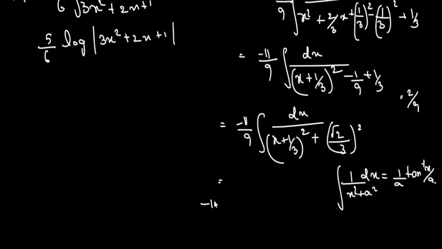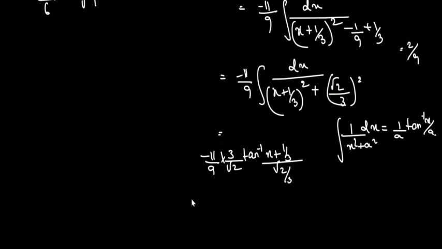So it is equal to minus 11 by 9. Here a is root 2 by 3. The reciprocal of root 2 by 3 is 3 by root 2, tan inverse x by a, where x is x plus 1 by 3 by root 2 by 3. So that is equal to minus 11 by 3 root 2 tan inverse 3x plus 1 by root 2.